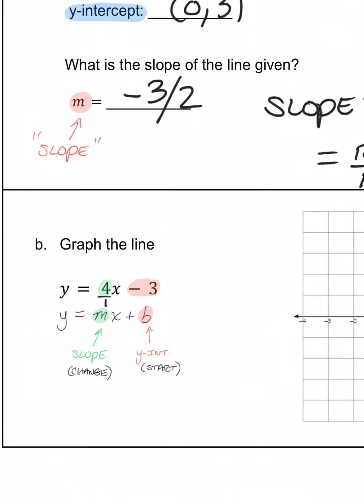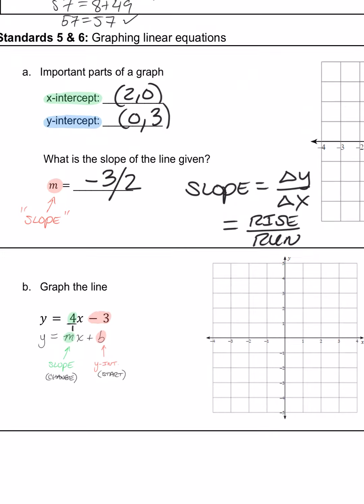So let's graph this line. We want to start at -3. We're going to start here. And our slope is 4 over 1. We're going to go up 4 because it's positive and to the right by 1.